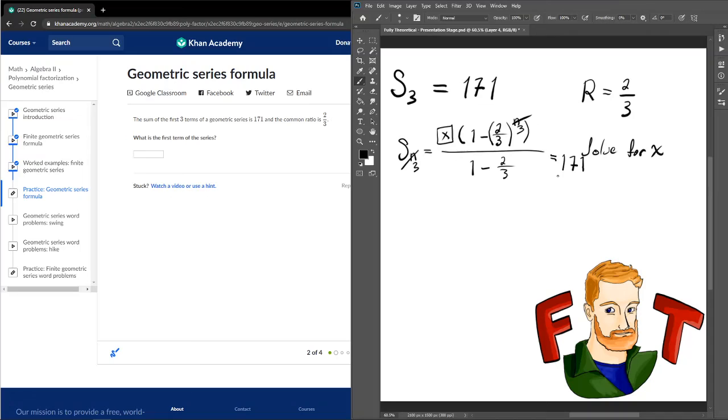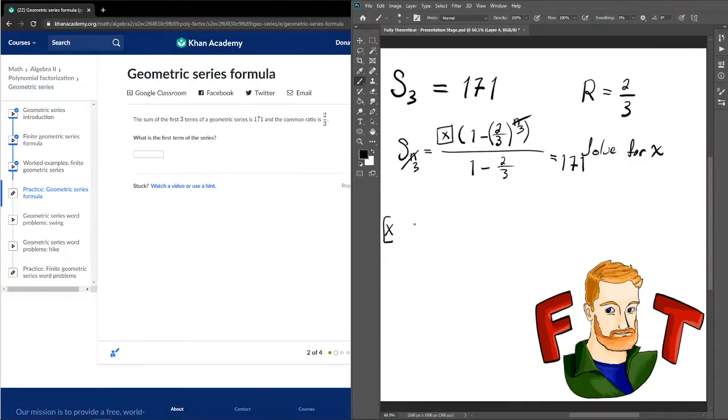So now if we multiply both sides by 1 minus 2/3, well, first of all, 1 is the same as 3 over 3, right? So 3/3 minus 2/3 equals, of course, 1/3, right? So we can just multiply times 1/3, or divide by that. But we're going to multiply by 1/3.